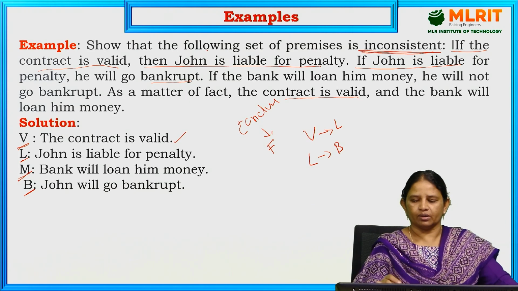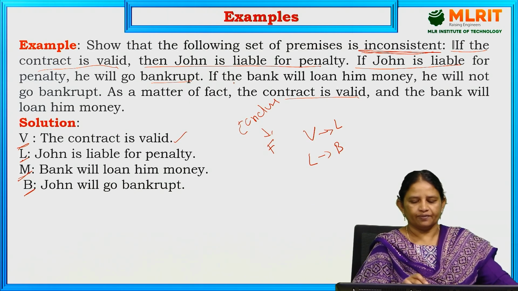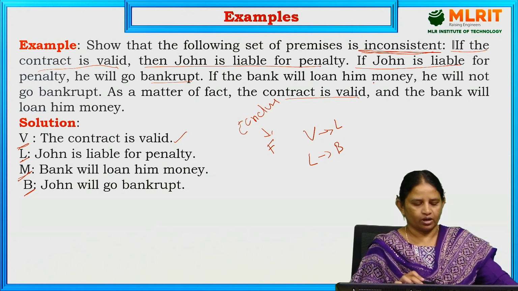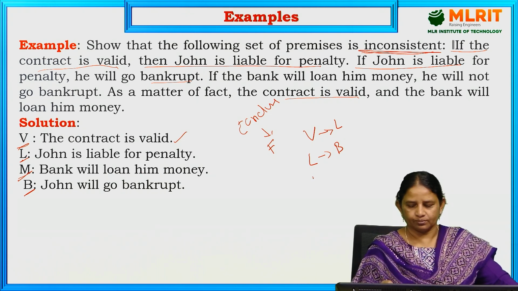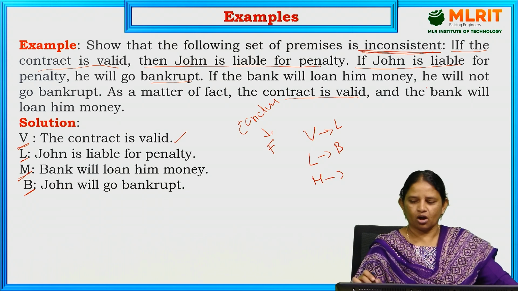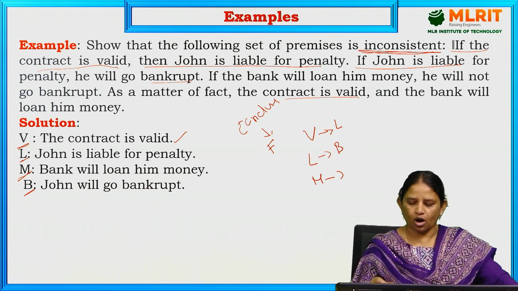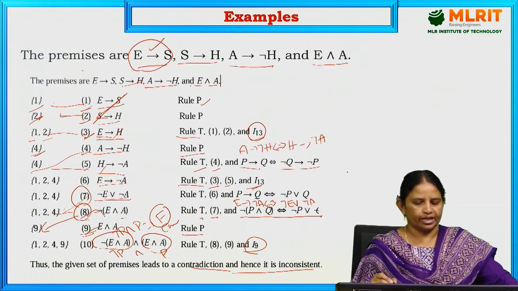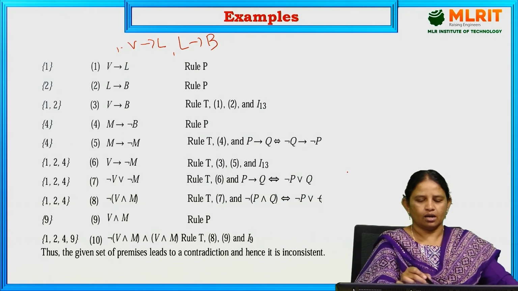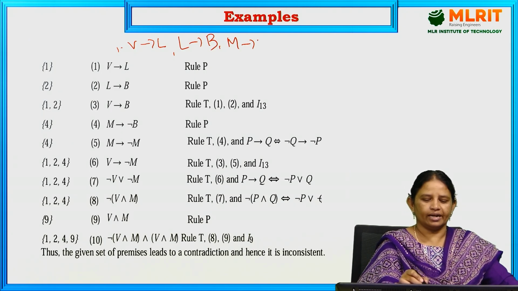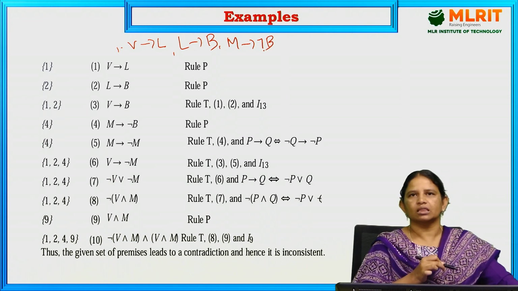Then the third one: if the bank will loan him money, that is M, he will not go bankrupt. He will go bankrupt is B, so he will not go bankrupt means M tends to negation B. That is the third premise.